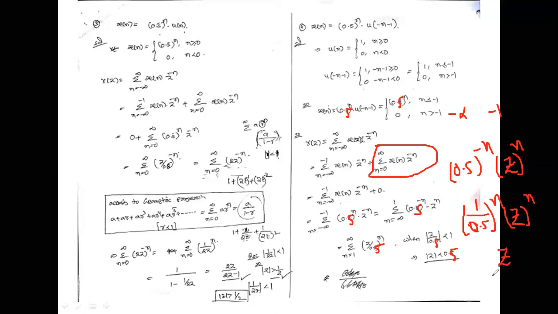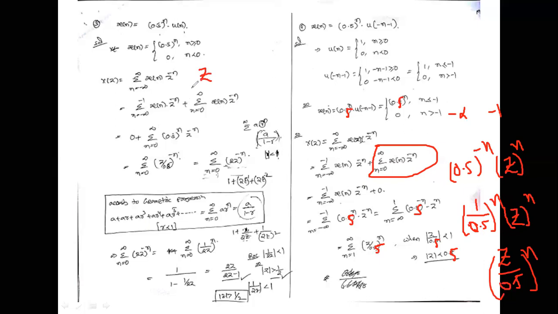So write this function totally, the 0.5 whole power n. Now it is in the form of a power n only, in the range of 1 to infinity. In the substituting formula what we have, a power n, sum of n from n1 to n2, n1 is 1 here.